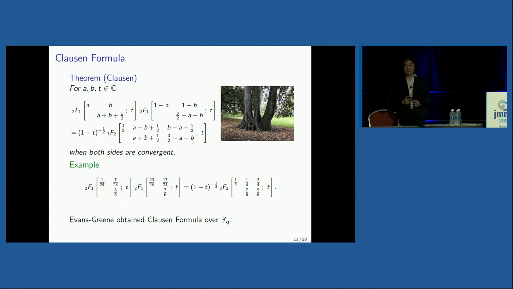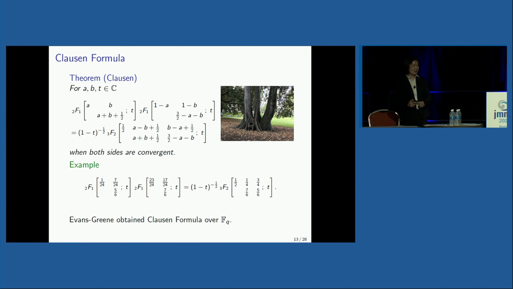In the background, there is a 1-dimensional piece which is hiding. So that's what the Clausen formula tells you. Implicitly, it's 2 times 2 equals 3. Actually, there's one thing in the shadow in the background.